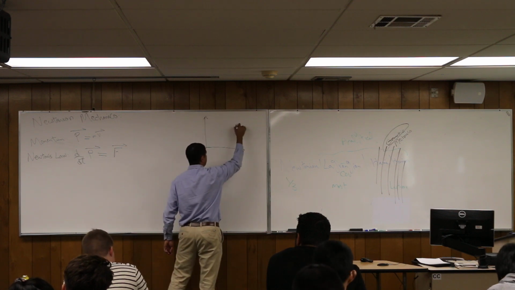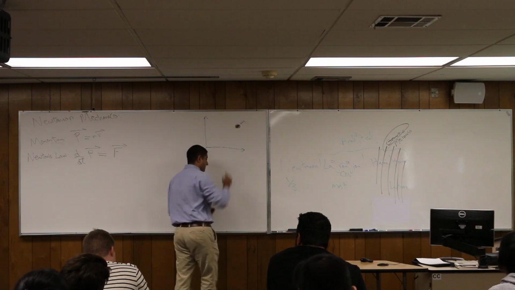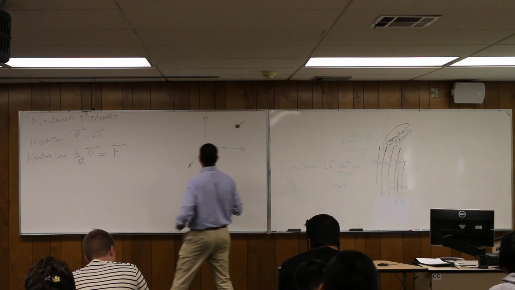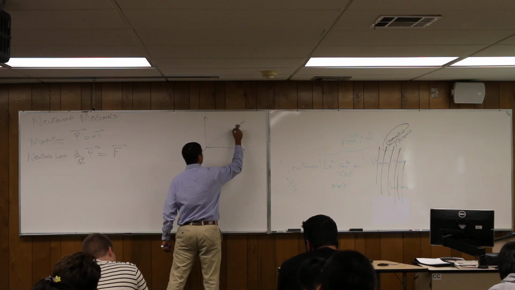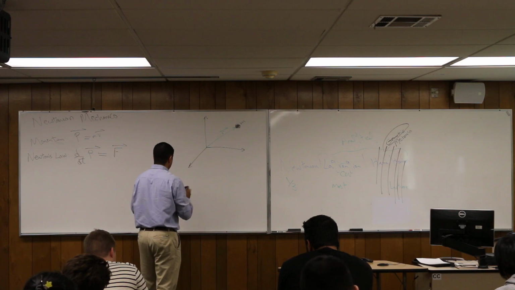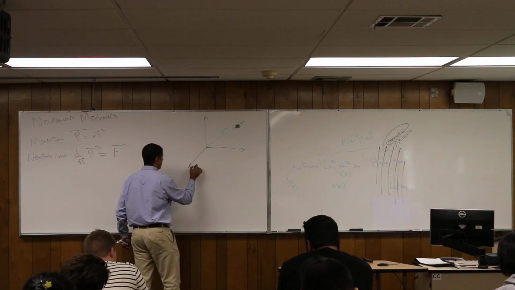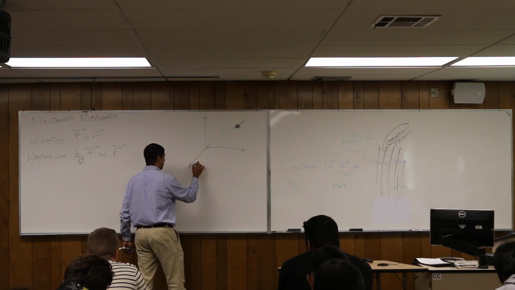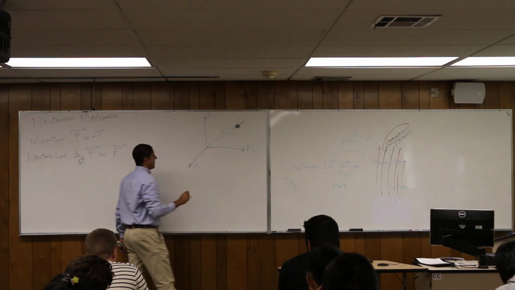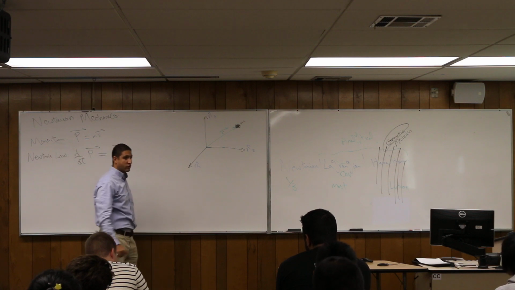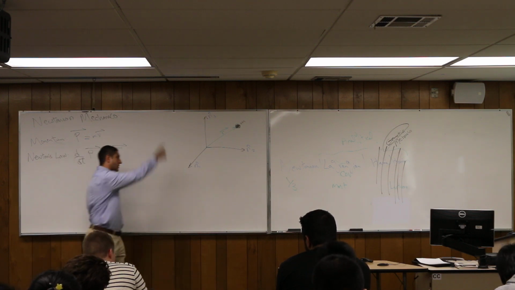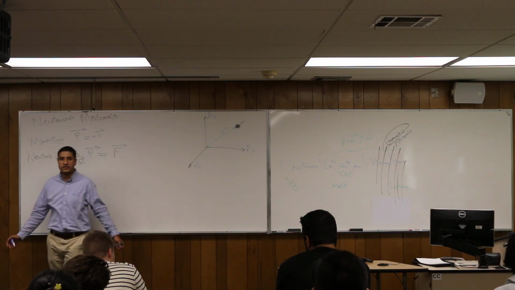Here is a particle of mass m that has a position vector r with respect to preferably an inertial frame, but this frame has to be a Euclidean space, flat space. It's not a curved space. X, Y, Z, like this room that we live in now.